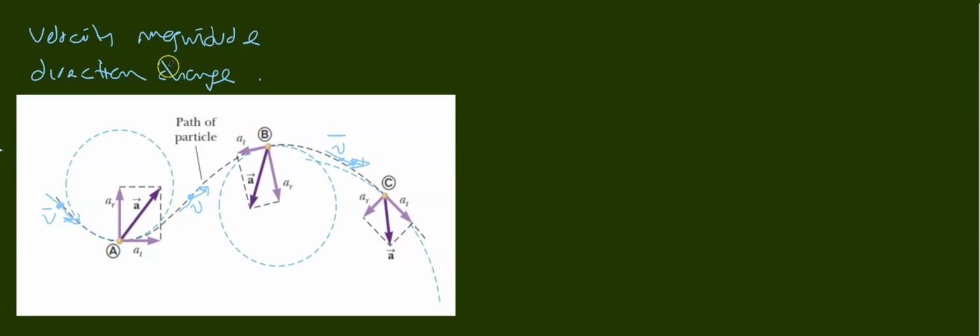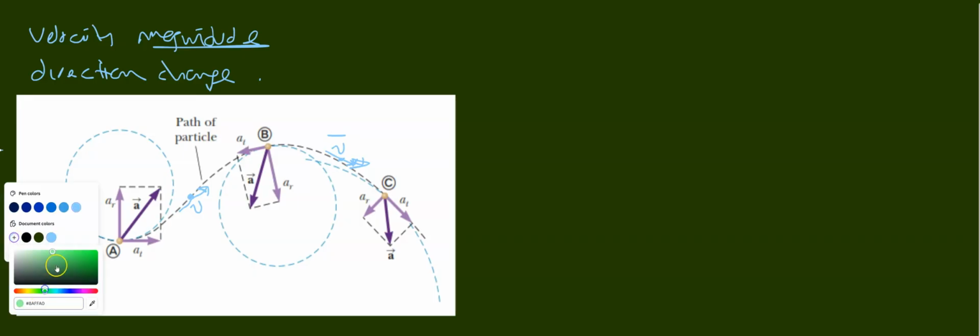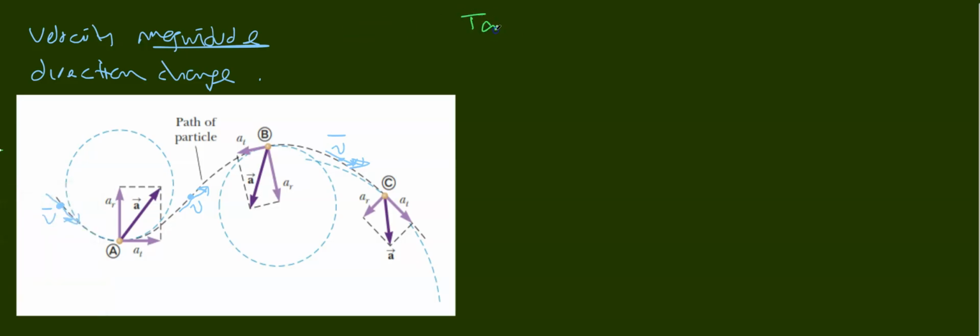But in this case, we also have the magnitude changing. So that means we also have tangential acceleration. So this section in the book deals with motion when you have both tangential and radial acceleration.